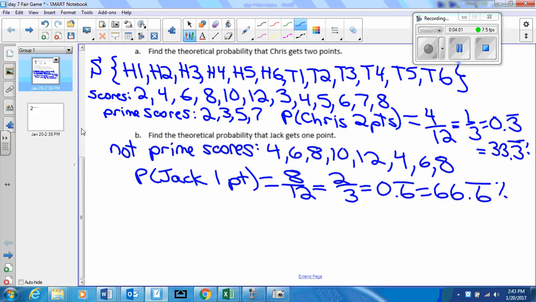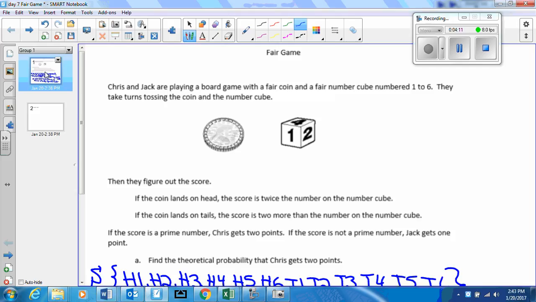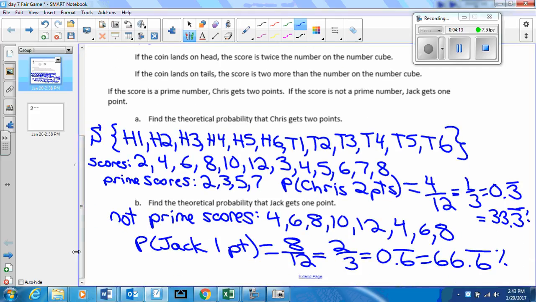Okay, so those are our probabilities. Now they want us to decide, is this game fair? And explain. Well, the probabilities are not the same for each player getting some points, but they balance the unfair probabilities by giving Chris twice as many points as what Jack would get.